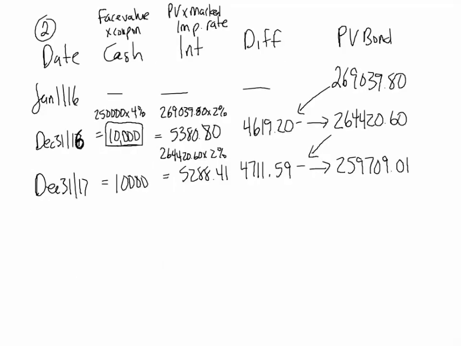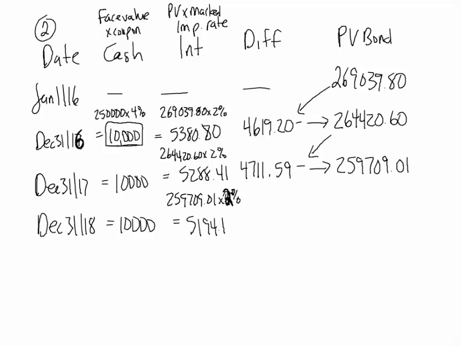Okay, so now December 31st, 2018. What's going to happen? We're going to pay the $10,000. What else is the implicit interest? The implicit interest is going to be 259,709.01 times the 2%. What is that equal to? 259,709.01 times 0.02 is equal to 5194.18.